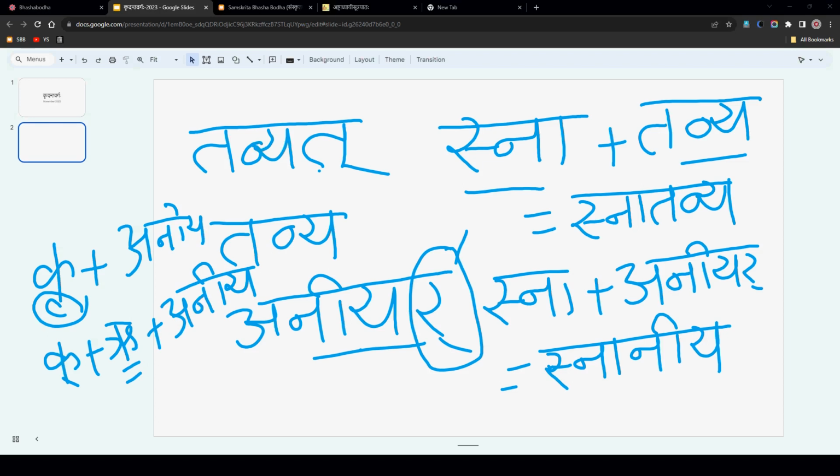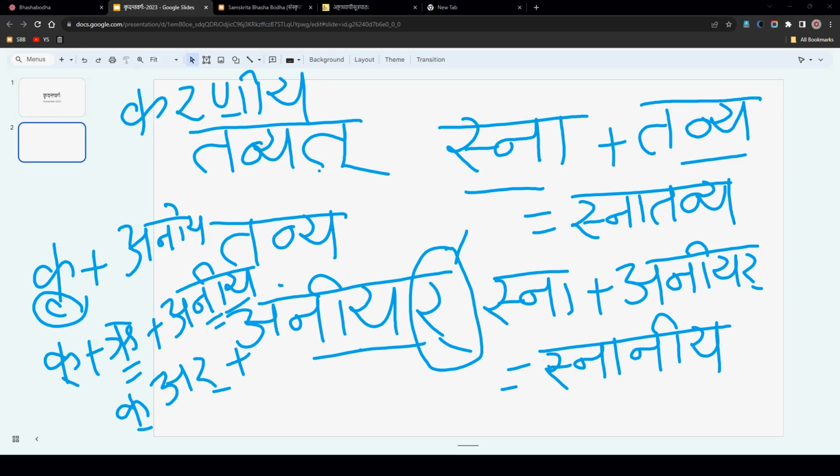Swara. So ru is just like a, i, e, etc. It's a swara. And that swara, the ru, is changed to ar because of other sutras supporting it. So we have ka plus ar plus aniya. So that aniya becomes karaniya now. Karaniya.